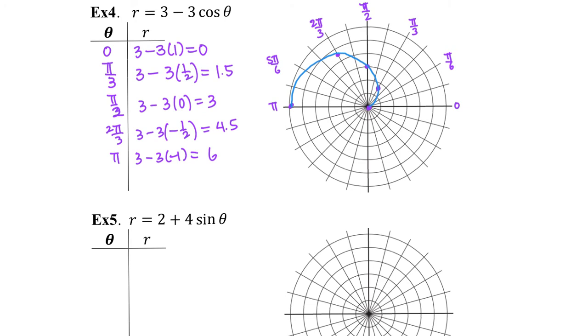Now I'm going to sketch the other half of the graph, and it should be symmetric along the theta equals 0 line. So let's see, at pi over 3, 1, 2. At pi over 2, 1, 2, 3. Oh, that wasn't a 2, that was a 1.5. At 2 pi over 3, I did 4.5.